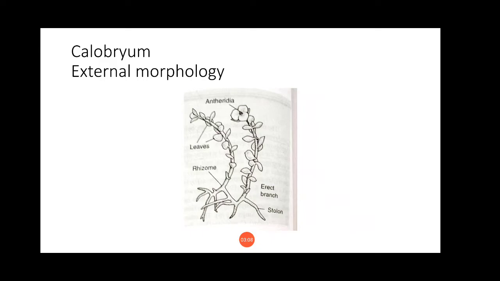The leaves may be isophyllous or anisophyllous, having no midrib. The total absence of rhizoids from the leafy axis and rhizome are the characters in which Calobriales differ from the Hepaticopsida, with the exception of Takakiales. The order Calobriales are dimorphic and heterothallic.